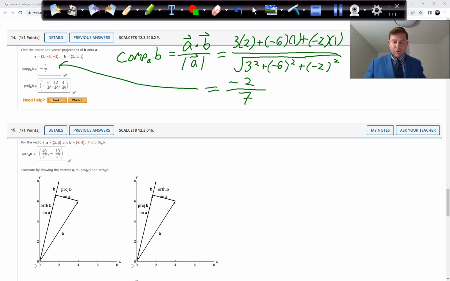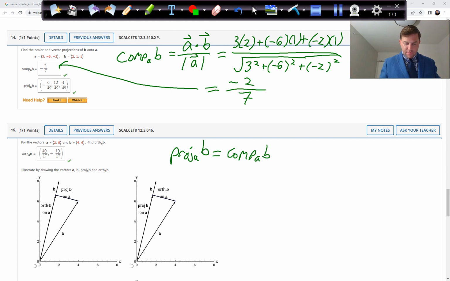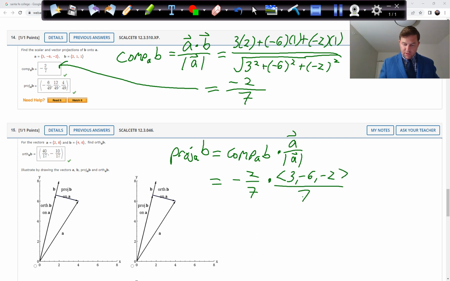Okay, now the vector projection is a little more involved. The vector projection, which we call the projection, PROJ, of B onto A is equal to the scalar projection, comp AB, times the vector A divided by the magnitude of A. But we know this is minus 2/7, and we know A was 3, minus 6, and minus 2, and the magnitude of A was also 7.